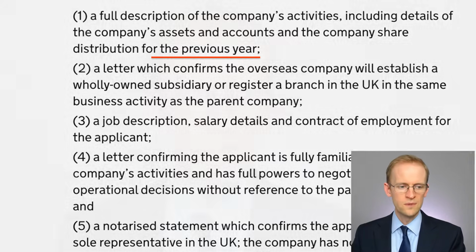So if you've recently changed the shareholding or share distribution, that will be apparent from the previous documents that you submit for the earlier year. So that's always been difficult, but they have strengthened that now through the amendment that I've just explained.